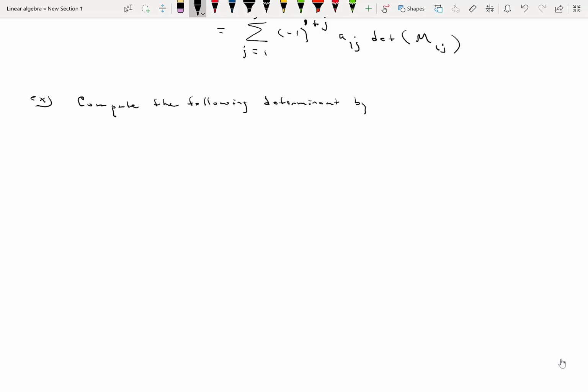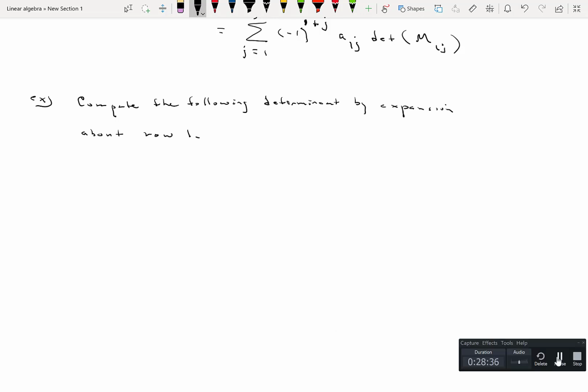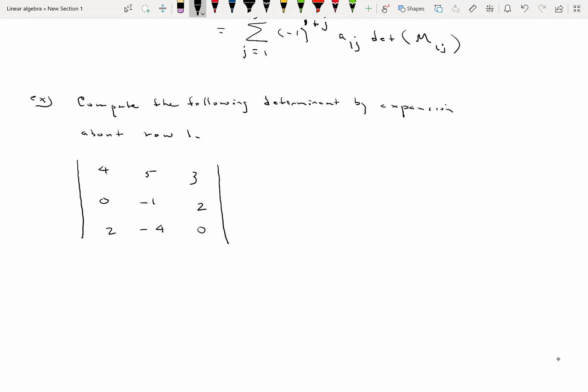By expansion along or about. That's interesting, I said about, and in my notes I wrote along. Row 1, the first row. So there's the determinant.